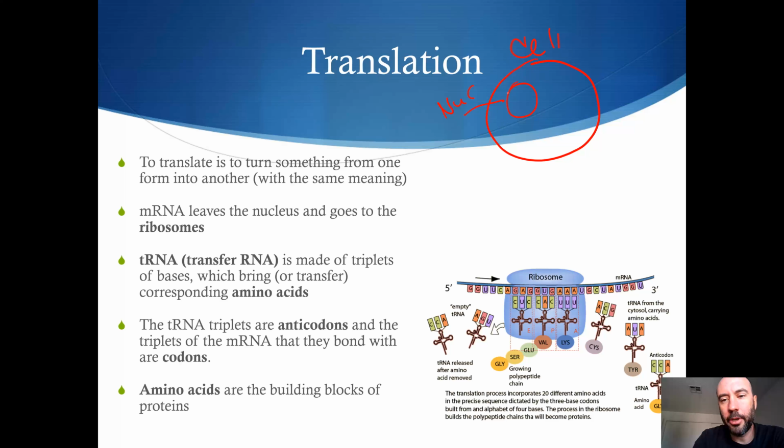I'm just going to say nuke, and you've got your DNA, blah blah blah, and then you've got your little messenger RNA, right? mRNA. So that can travel outside the nucleus into the cytoplasm, and the messenger RNA goes to the ribosome. Okay, so that's what you see in this diagram here.